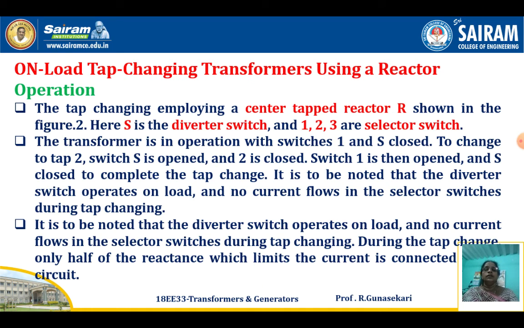First the switch S is opened, then the selector switch 2 is closed, then the switch 1 is opened, then the switch S is closed to complete the tap change.